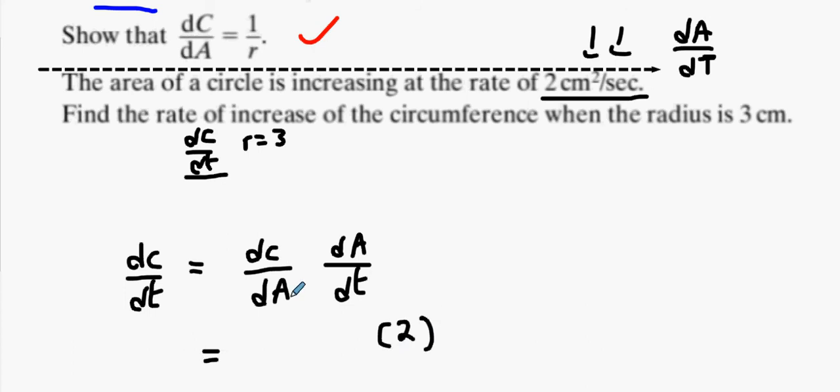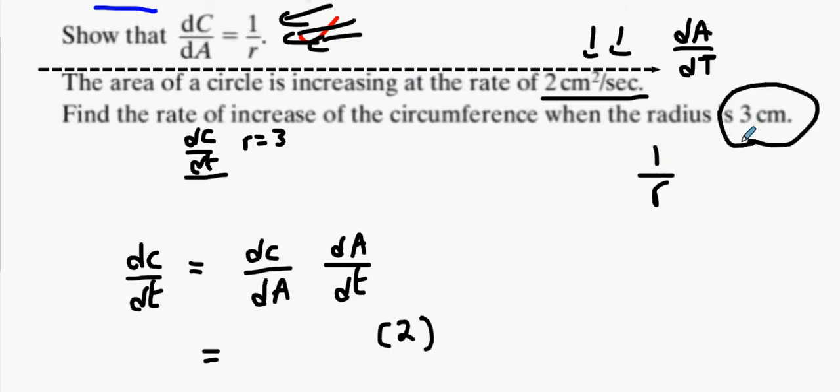What's the dC/dA? It's up here. What is it? It's 1 over r. And what's the size of the radius? So what's 1/3 times 2? No, 2/3. And what units are we dealing with? Centimeters per second.